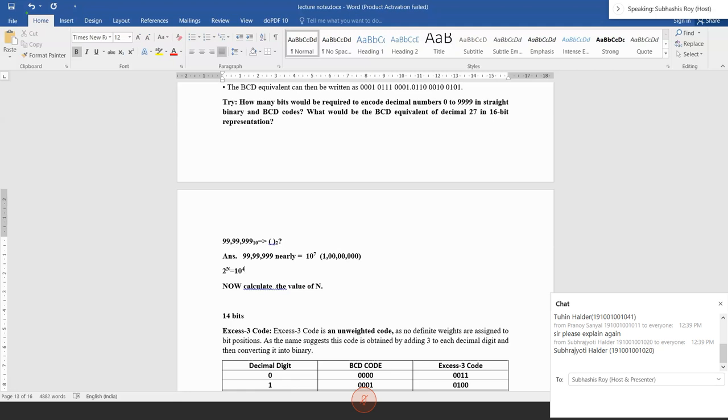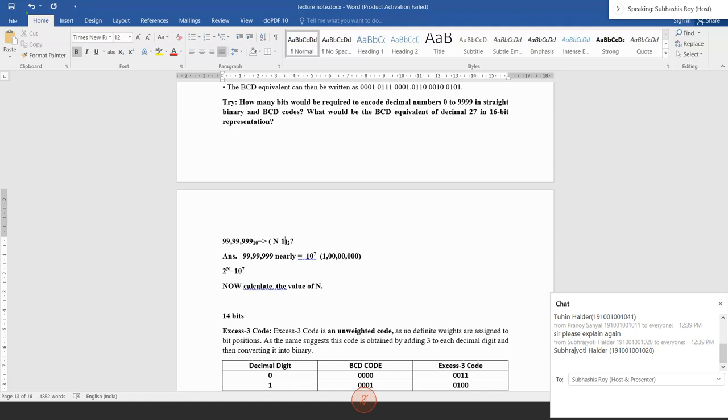After that, the question is how many bits are required to represent this number. You don't know how many bits there are, so suppose the bits are n.